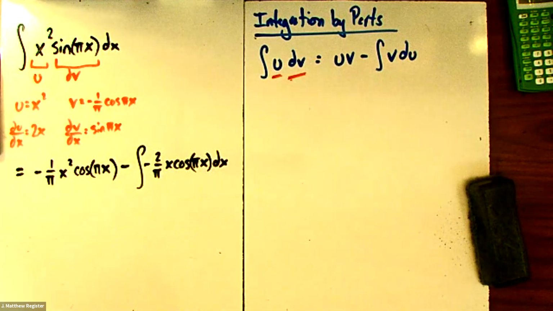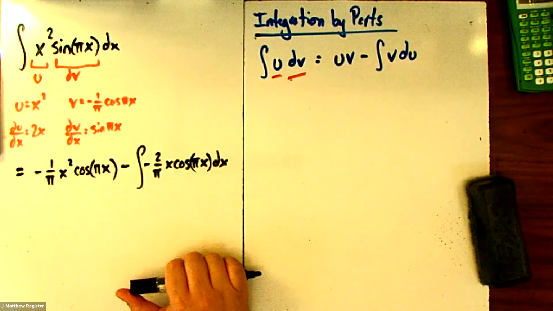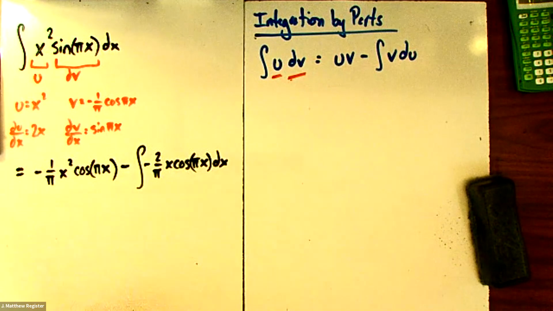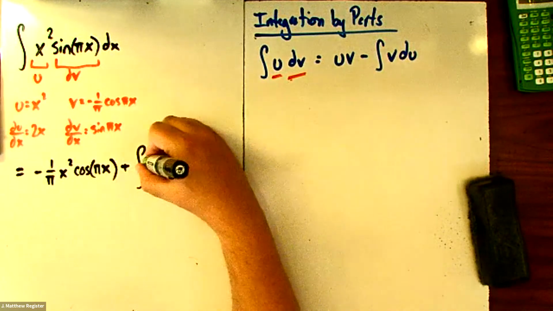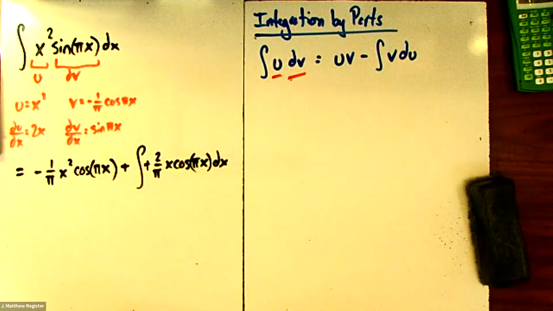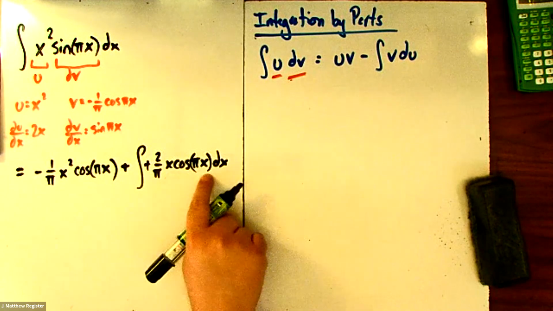Now the question becomes, did we make this nicer or worse than what we started with? It's definitely more complicated, but the integral is actually an easier integral. For one, we can distribute this and make that a plus, but we're going to have 2 over pi times x cosine of pi x.